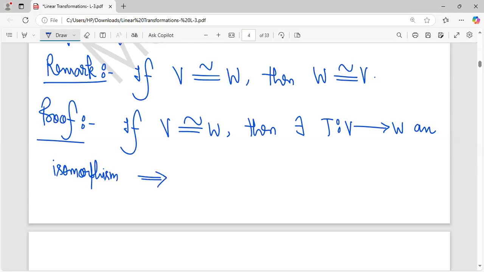This will imply T inverse from W to V is also an isomorphism.